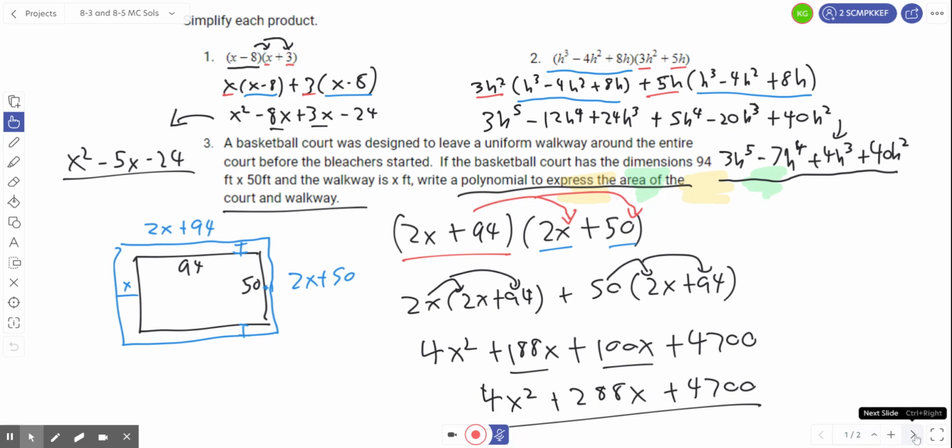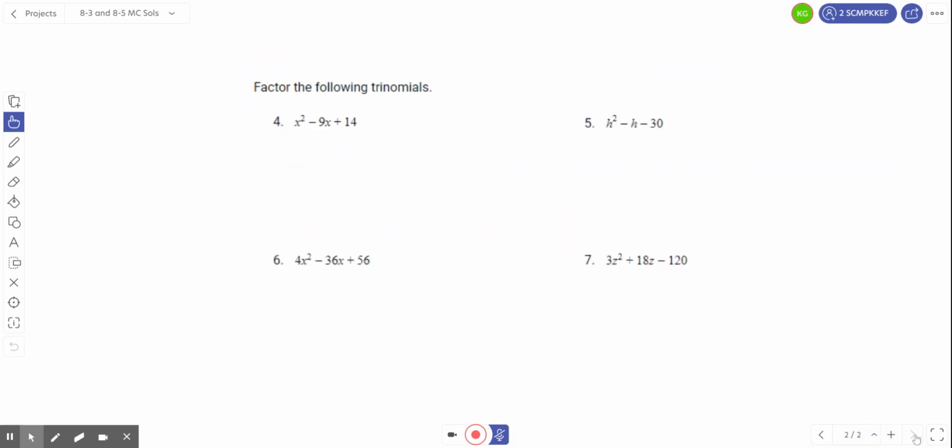Next. Now we are factoring. So, when you factor, you are going to figure out what two things multiplied together will equal this.